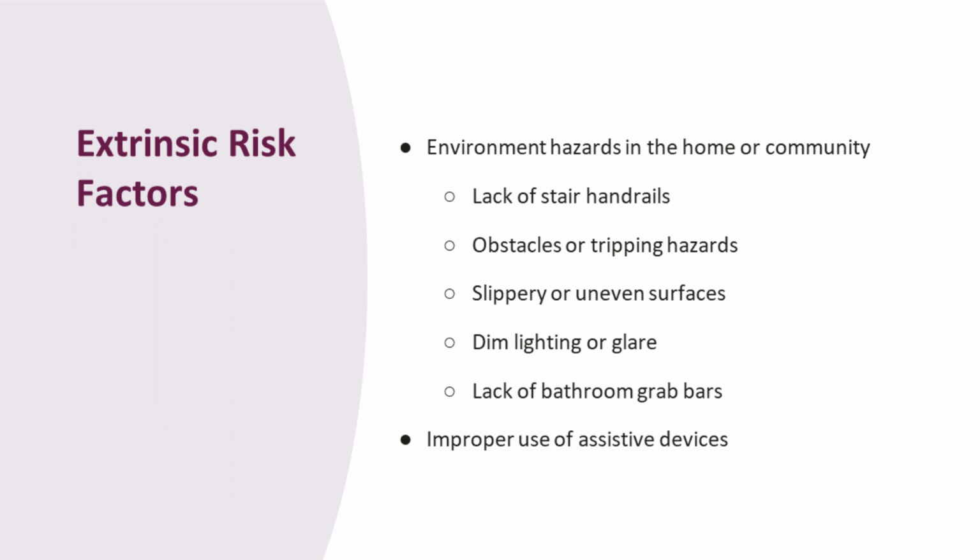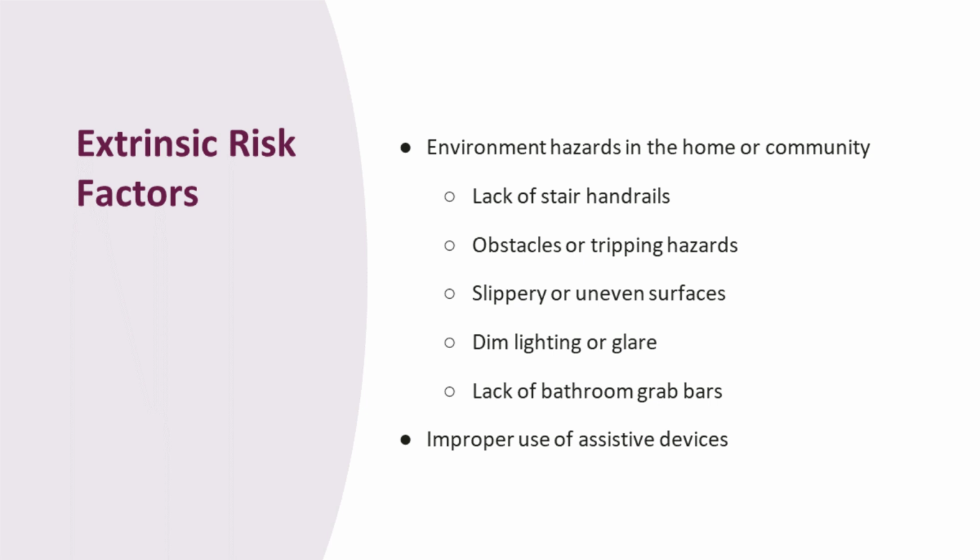And of course, the bathroom. We're going to talk more about important safety measures in the bathroom, but are there grab bars? Can they get around in the bathroom safely? And are they using those assistive devices? We see so much resistance to a walker or a cane. I think that's because that's a very visual cue to the world that the person needs help.